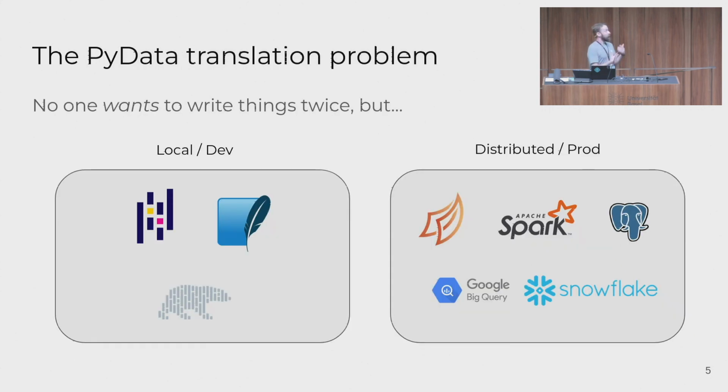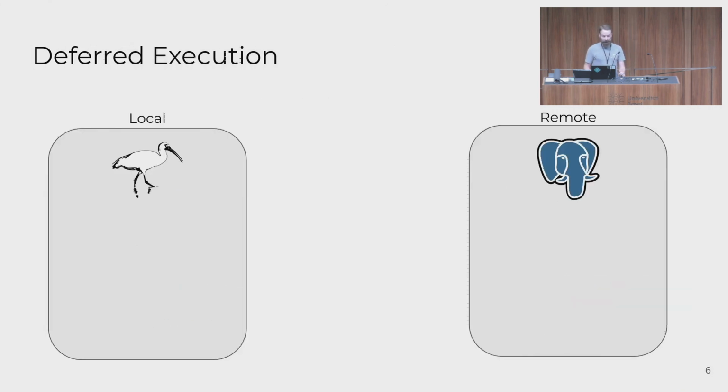This leads to what we call the PyData translation problem, which is that there's usually a mismatch between the tooling that's available on your laptop and the tooling that might be available in either a distributed setting or a production setting in the enterprise. And so you end up in this horrible place of having to maybe prototype something in pandas and then rewrite it in PySpark. So Ibis tries to get away from that.